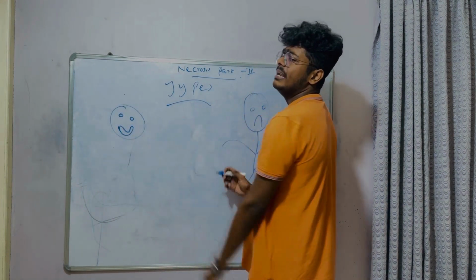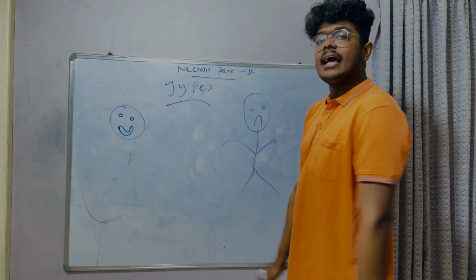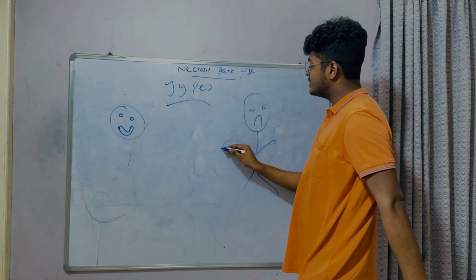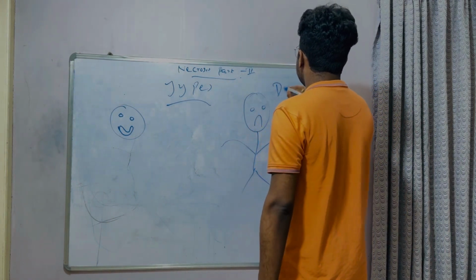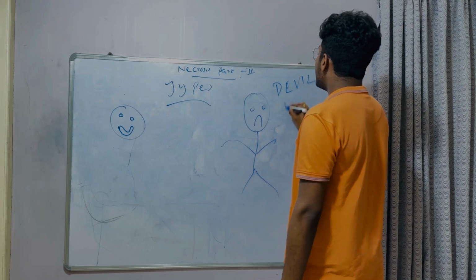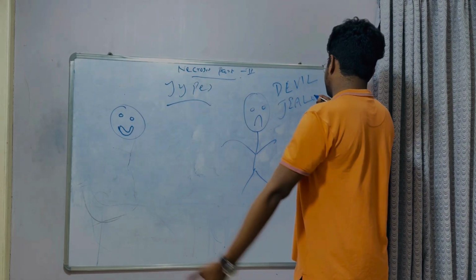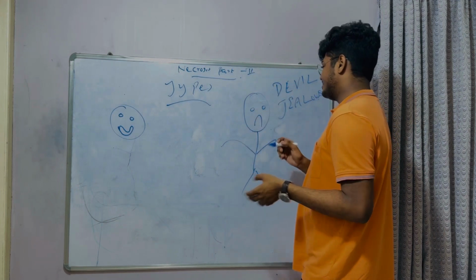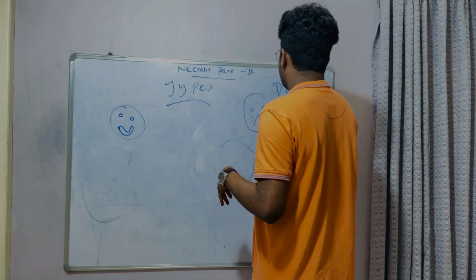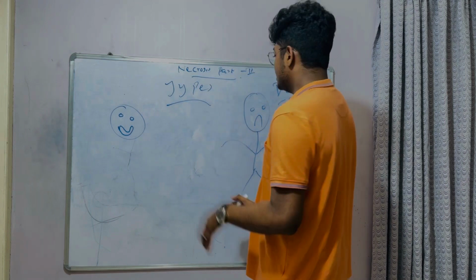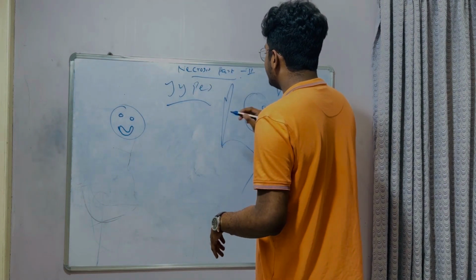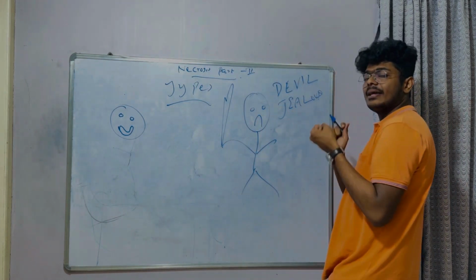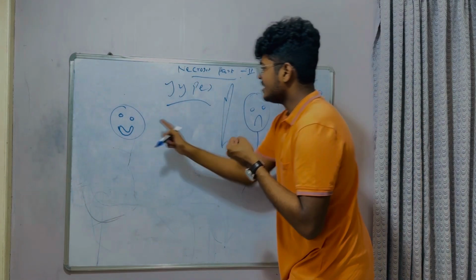This happy cell is living comfortably, and then suddenly a devil person arrives, a jealous person. This devil person has a sword in his hand and comes toward the happy cell.